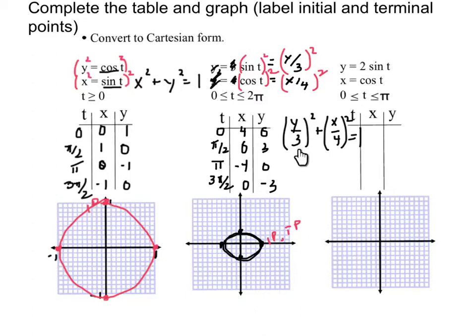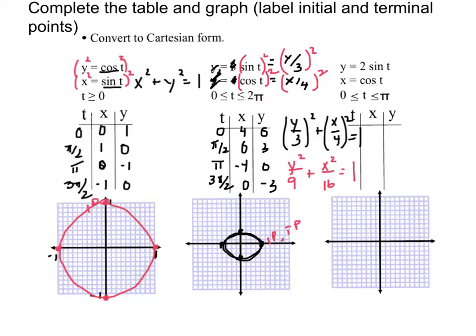Y over 3 is the same as sine, and x over 4 is the same as cosine, so sine squared plus cosine squared is 1. This is where we get that equation from pre-calc, y squared over 9 plus x squared over 16 equals 1. The equation of an ellipse.